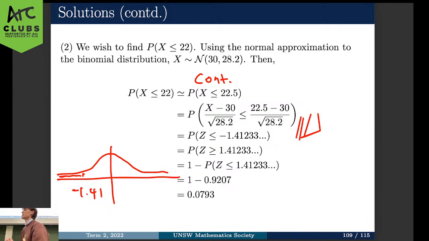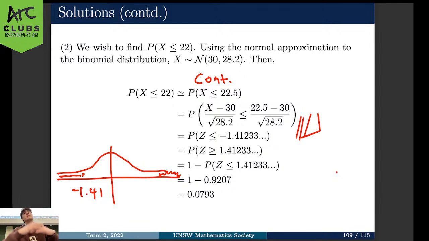Because the normal distribution is symmetrical, this area is equivalent to the area on the right side of the curve. So in other words, that's the same as the probability of Z being greater than 1.41. And this probability is the area of the curve greater than 1.41. And that area is the same as the area of the entire curve, subtract the area less than 1.41.